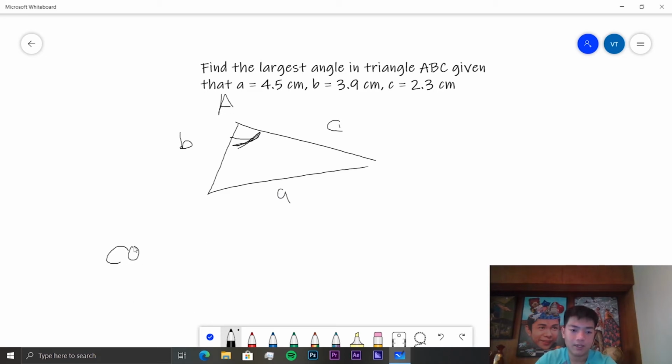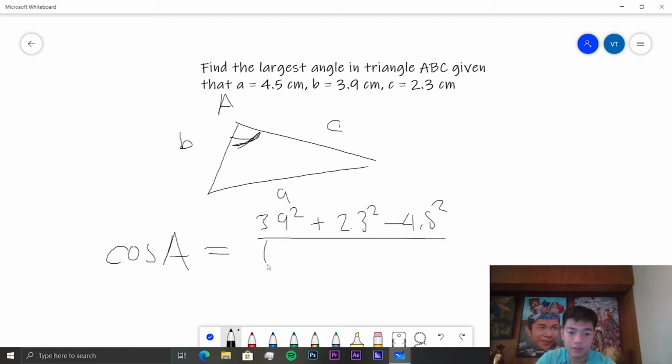So we say cosine A is equal to B squared, so 3.9 squared plus 2.3 squared minus 4.5 squared all over 2 times 3.9 times 2.3. So this is equal to, let's see, 3.9 squared plus 2.3 squared minus 4.5 squared all over 2 times 3.9 times 2.3.